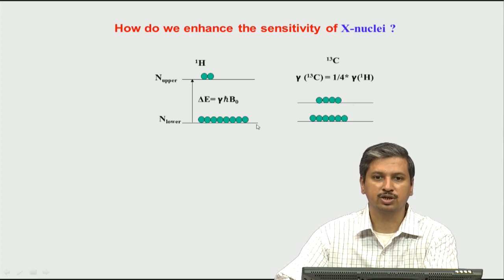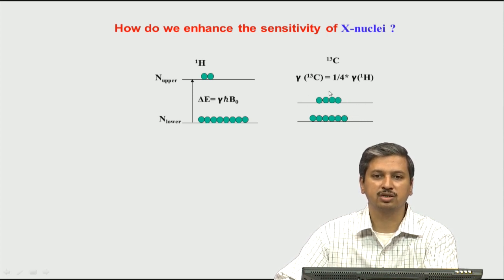This is shown schematically here. You can see the difference in the number of spins is 8 here and 2 there. 2 is 4 times less compared to 8. That means the difference, the number of atoms in the ground state minus the number of atoms in the upper state, is proportional to gamma.